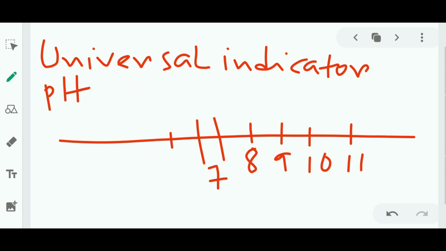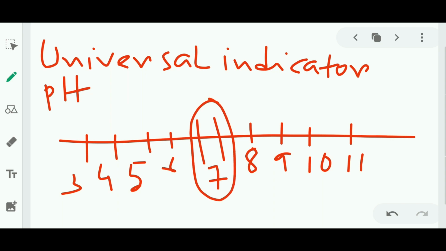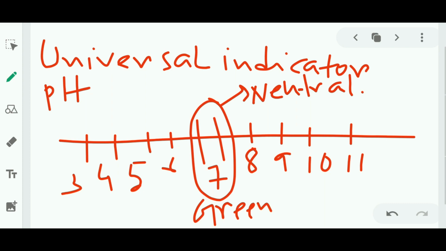Whenever any solution has a pH equal to 7, it is neutral and its color is green. As you go towards the right hand side, that is 8, 9 and 10, it increases in alkaline property, or it is more alkaline. The color turns blue at 8 or 9, then at 11 it is indigo, and then violet, and so on.